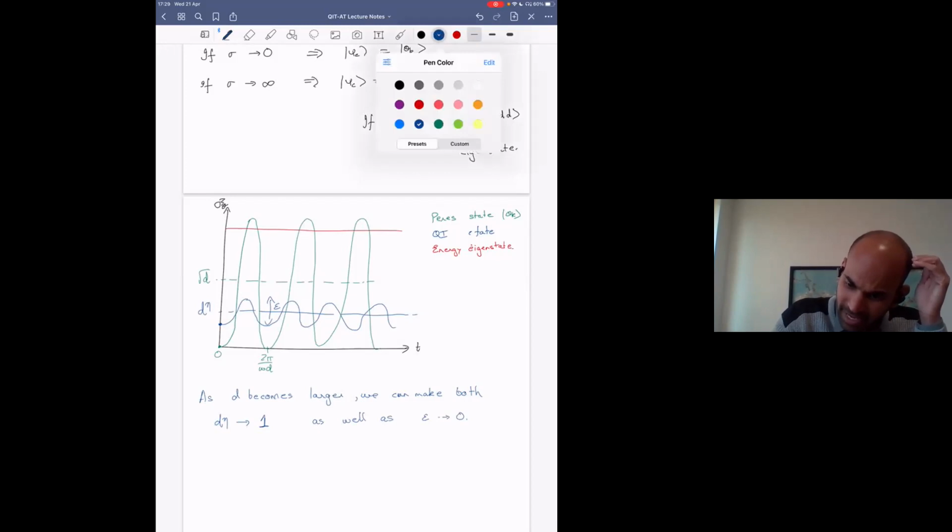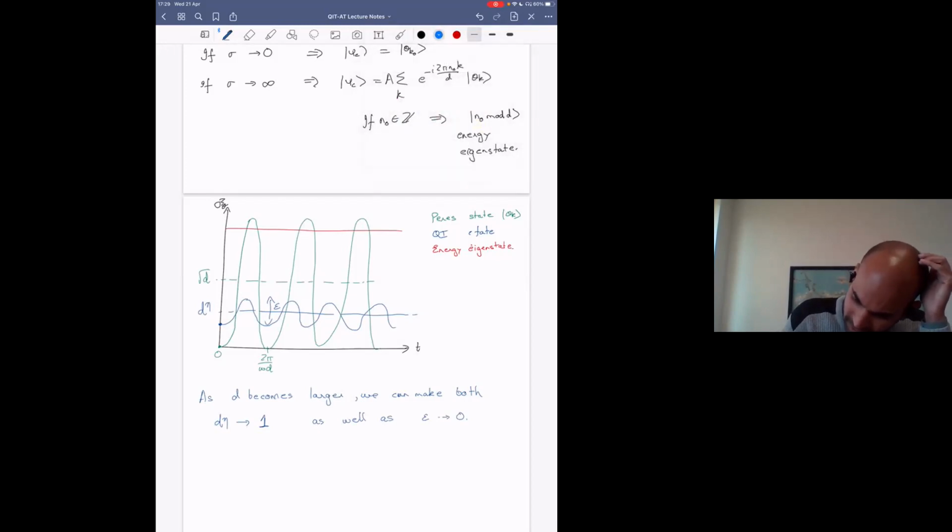And what this means is that in the ideal case, I can have a state that basically starts out with as small a variance as I like, but essentially remains there or almost there for all time.